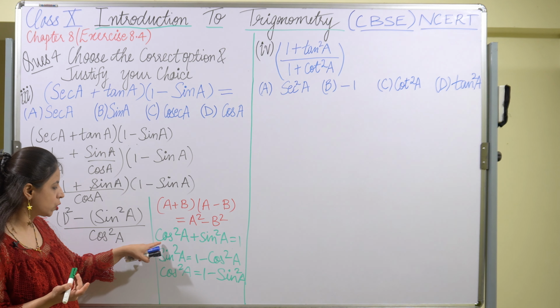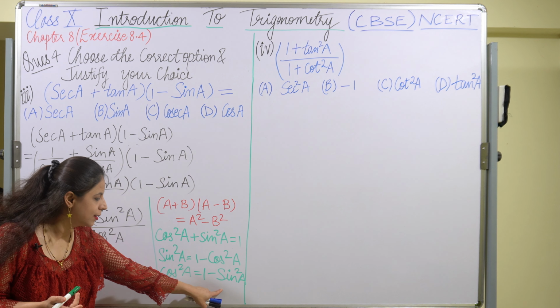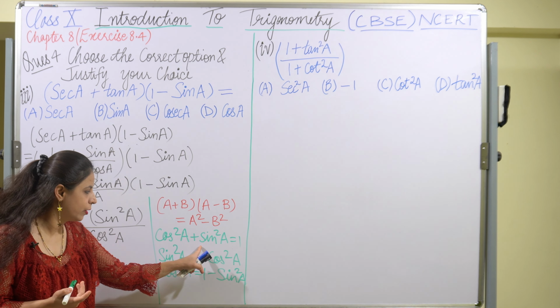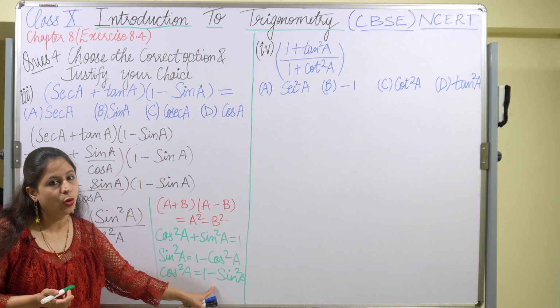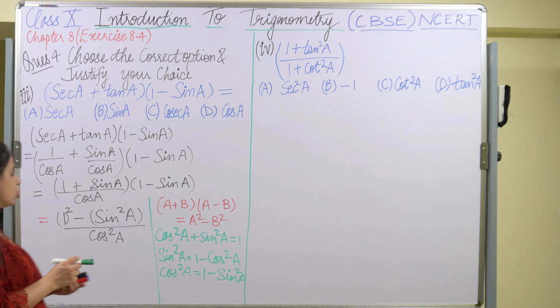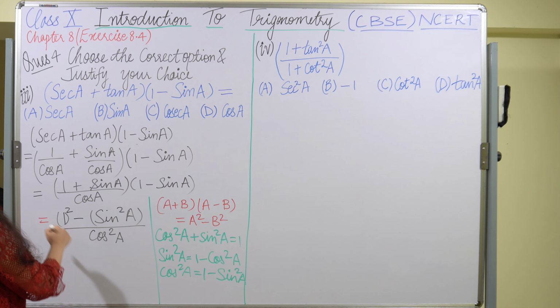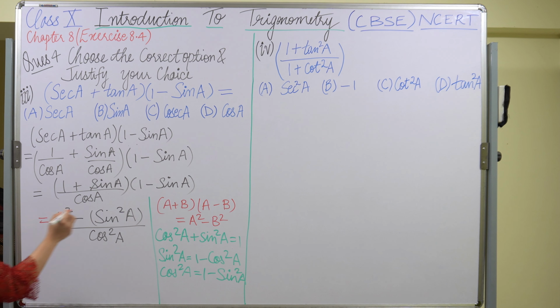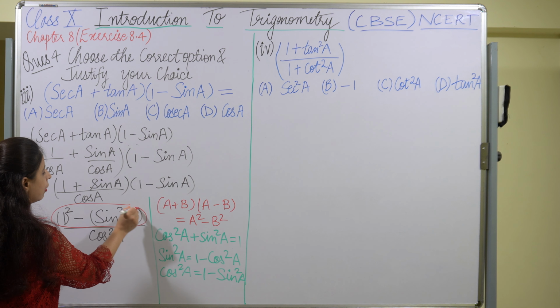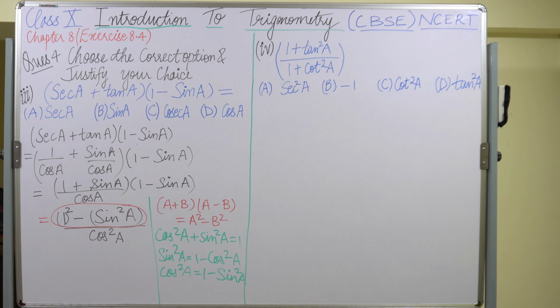Sin square A will go to that side with a negative sign. So we can replace this 1 minus sin square A by cos square A.